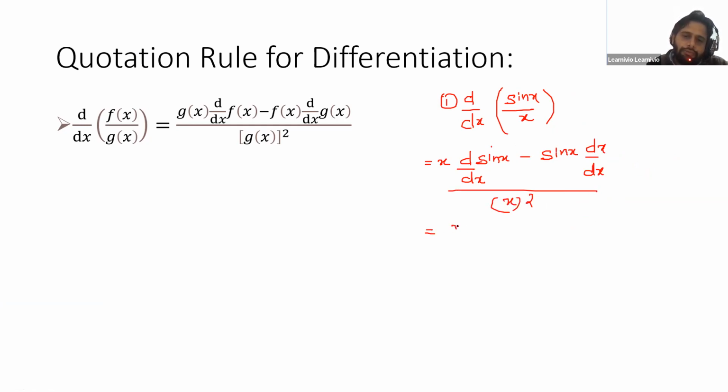This is equal to x into cos x minus sin x into 1, by x square. There is no need to write down this question. Please let me know, is this clear? Yes, sir. Okay, and I suggest you please write the formula every time you are solving a question. In this way, after some time, you will automatically learn this formula.